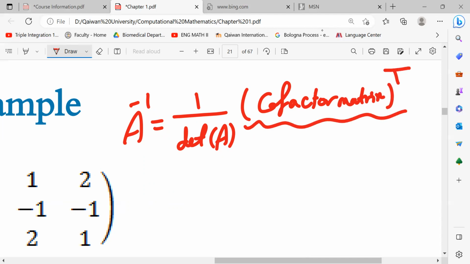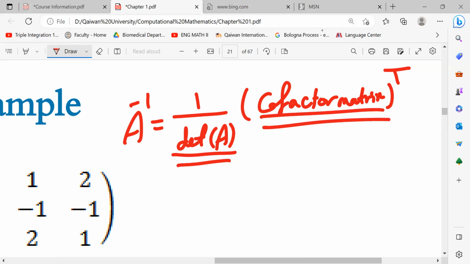This all is the adjoint of A. For finding the adjoint, we need to find the cofactor and then take its transpose. Now, we need to find the determinant of the matrix A and also the cofactor matrix of A.